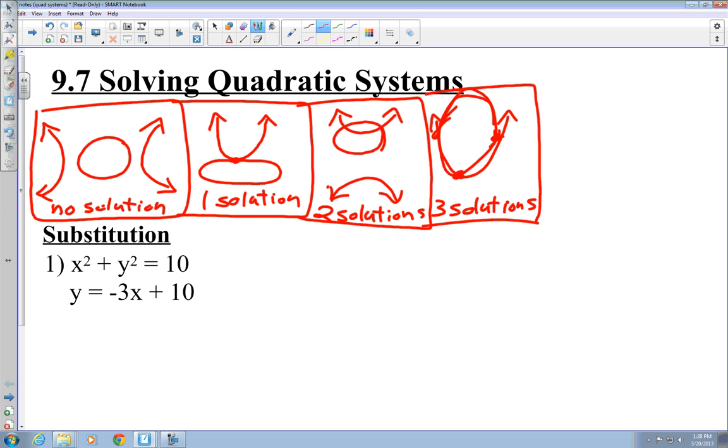Now we can do four too. Let's do something different. Let's do a hyperbola and a parabola. There's my hyperbola, my parabola intersects like that.